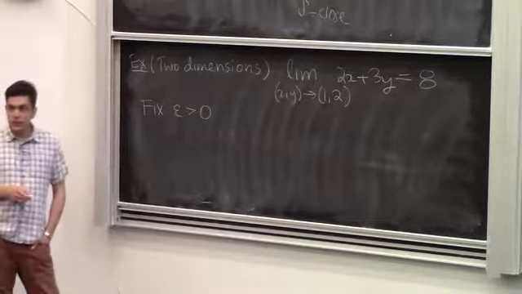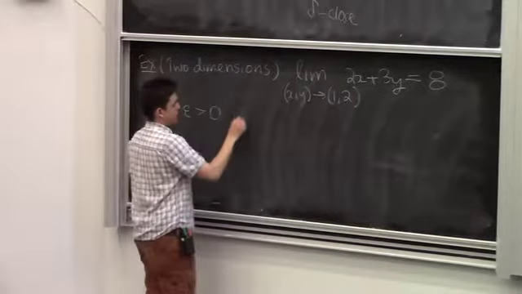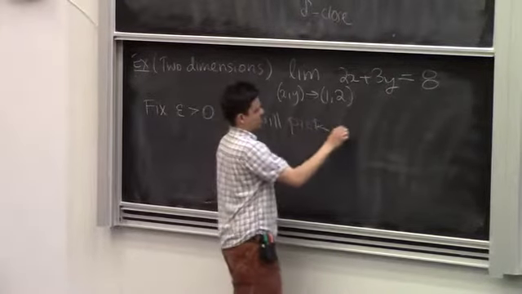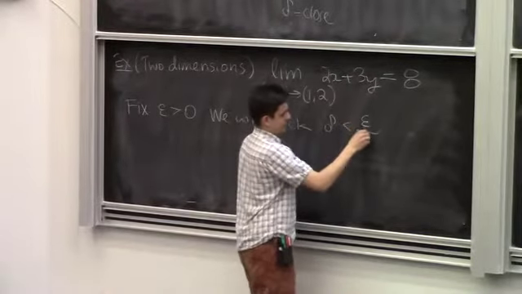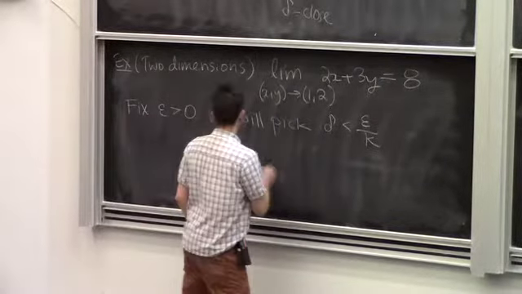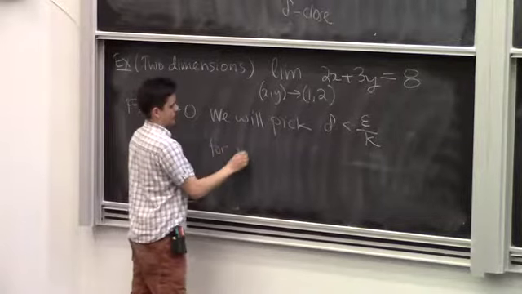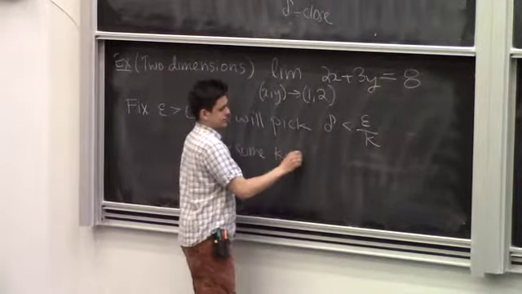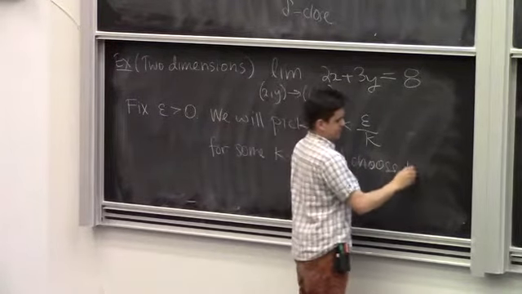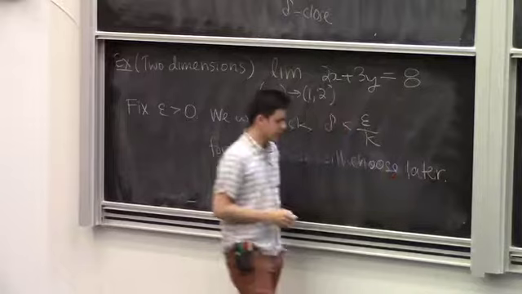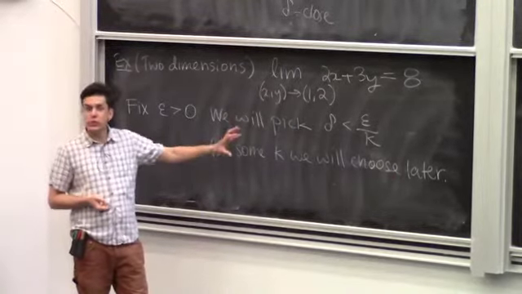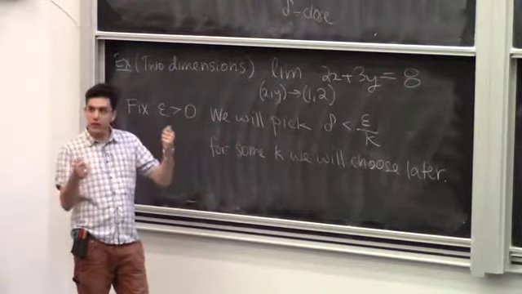We're going to fix some epsilon, and then we will pick delta less than epsilon over k, for some k that we're going to choose later. So we'll just work with k until we know what correct value to pick.